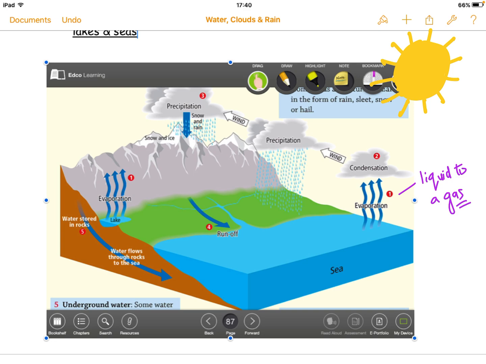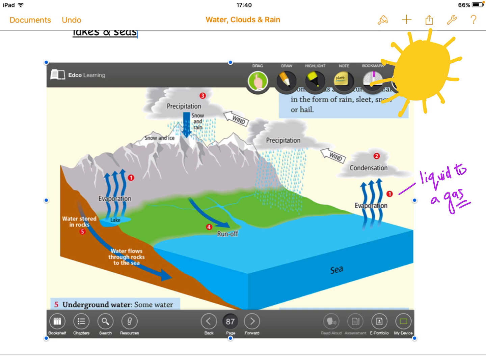So the light water vapor rises, cools, and condenses, turns back into water droplets, which form a cloud. As the cloud gathers more and more water droplets over time, it becomes too heavy and it bursts and falls in the form of precipitation. That could be rain, hail, sleet, or snow. The most common form is obviously rain.